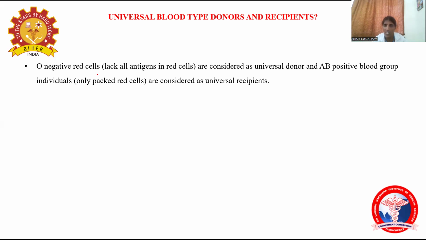What are the antigens and antibodies present in O negative? O negative has got no antigens. That is why it is called O. As you all remember, it lacks all antigens on red cells, that is A, B, as well as D, which is the Rh antigen. So O negative red cells lack all antigens and are considered a universal donor.